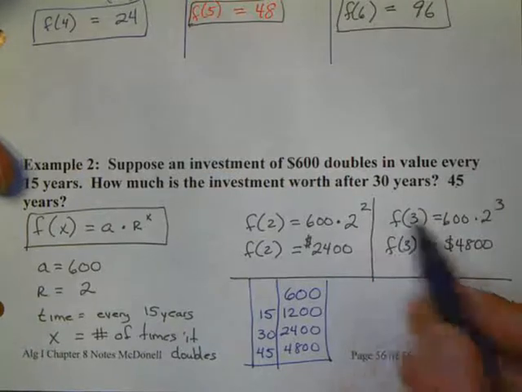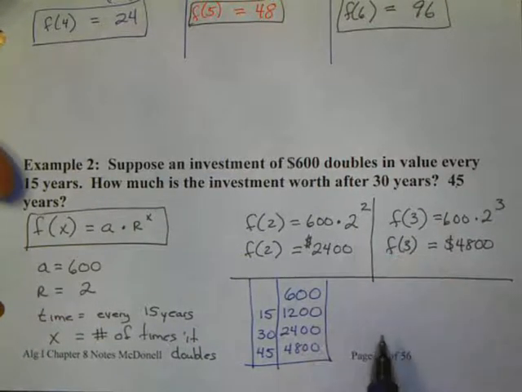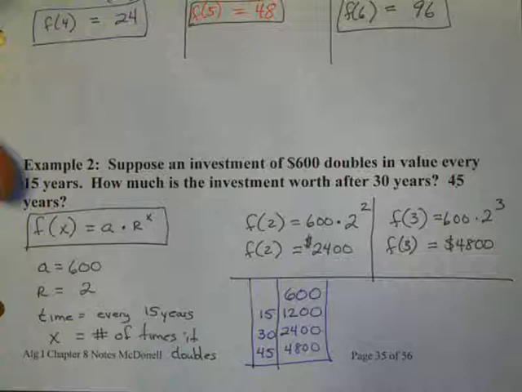So in many of these cases, common sense could win the day for simple problems. But this formula takes a great deal of effect when you don't have nice, neat, even numbers. What if it was 30 years, 35 years, 40 years, in which case you could take this as a decimal, 2.3, 2.4, etc., in terms of dividing by 15 to get the number of times it might be doubling.